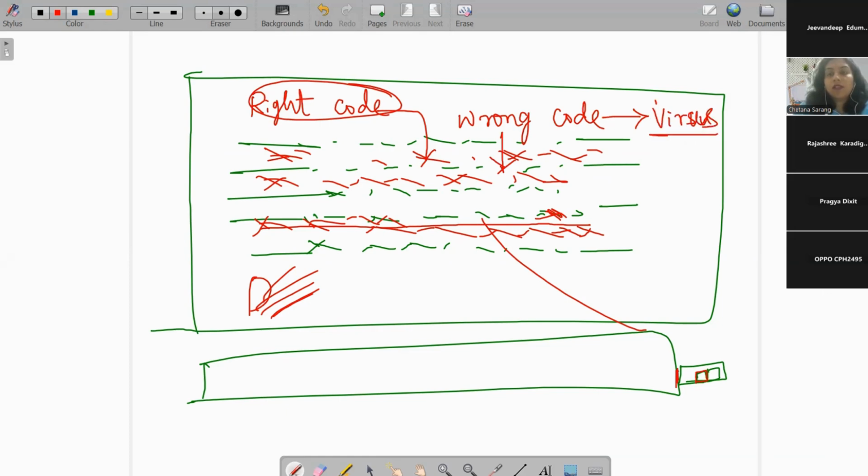So there is no organism entering here, but a wrong piece of code which is disrupting everything and making everything go hazy and unpredictable in the system. So these are nothing but viruses. Whenever we hear the word virus or ransomware, just know that those are wrong pieces of code which will disturb the flow of the right code and make things go wrong.